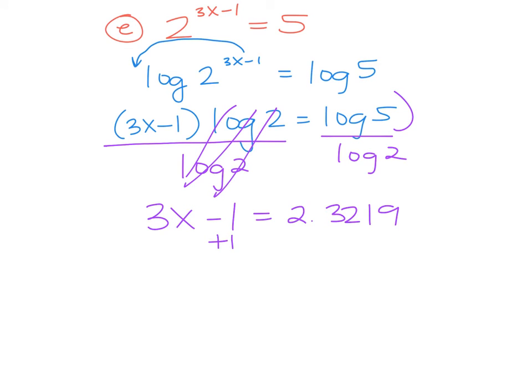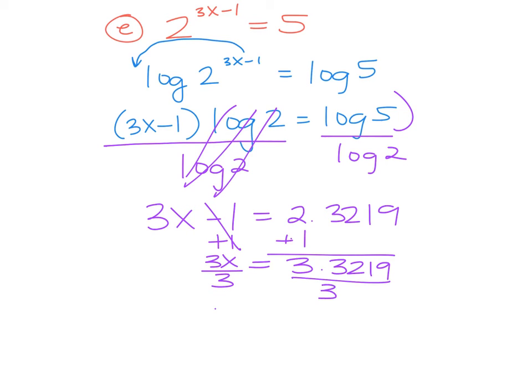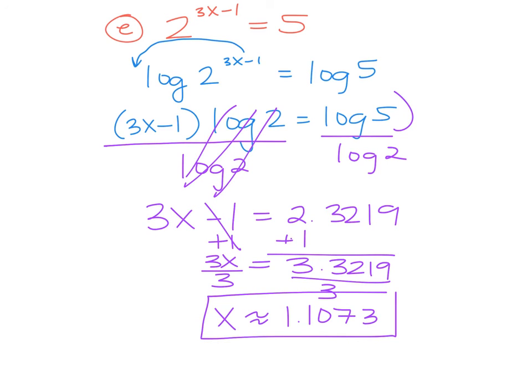So if we add 1, you get 3.3219 equals 3x. Divide by 3, and we get x is approximately 1.1073. Questions on that? The end.